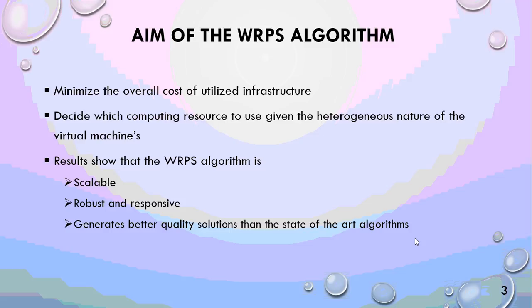What is the aim of this WRPS algorithm? The aim is to minimize the overall cost of utilized infrastructure. That is, like I said, cloud computing is pay on use basis, so you want to reduce the cost you spend, which means you utilize the cloud services or the infrastructure wisely.